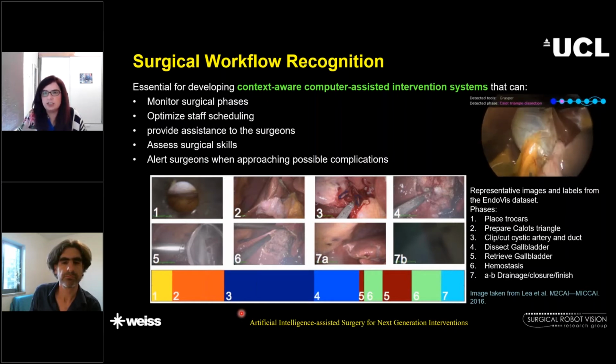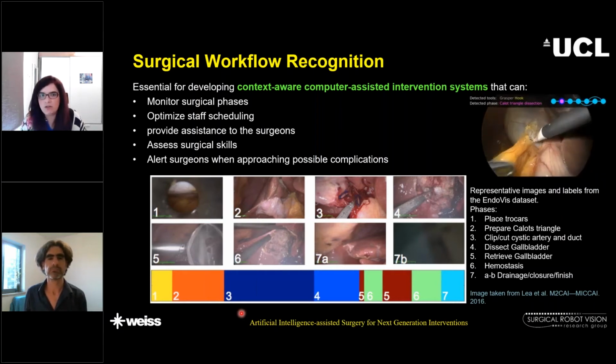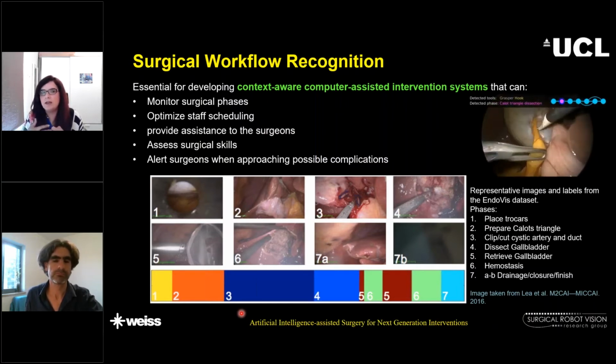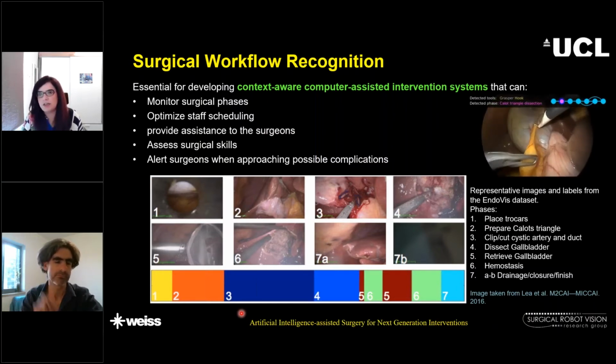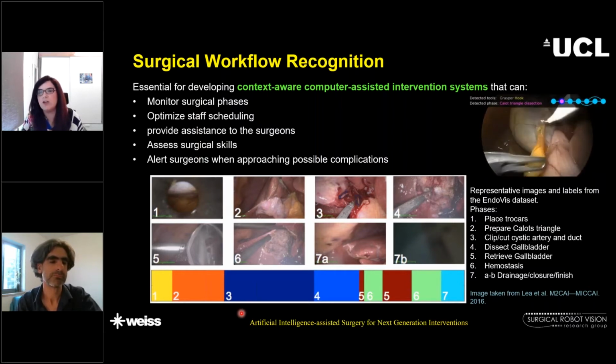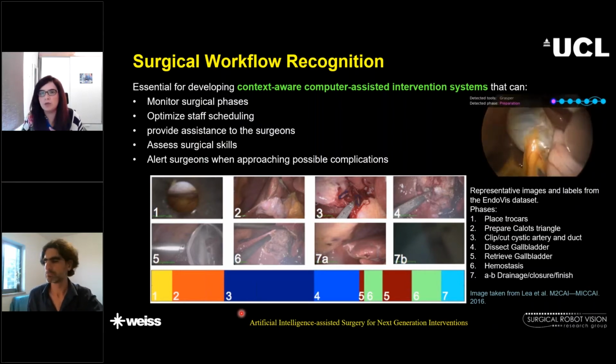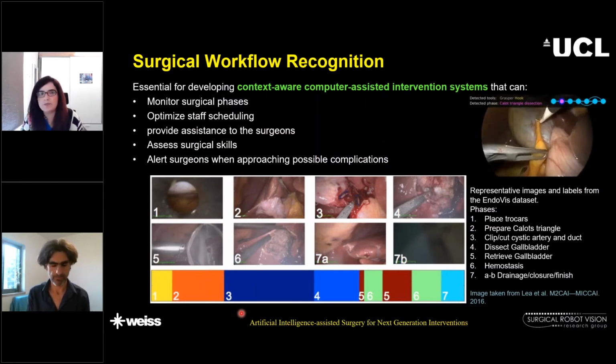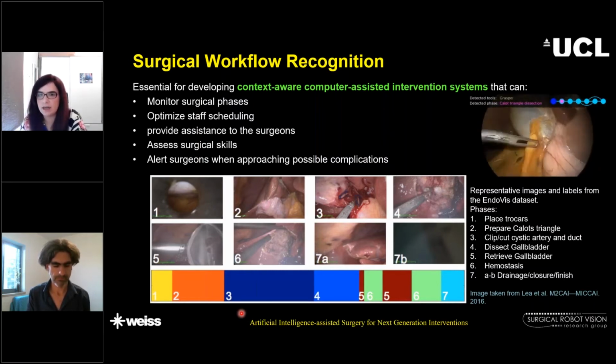This can also assist the surgeon in determining how much time is left towards finishing a particular phase, for example. It can also help in assessing the skill of a surgeon and for training surgeons, and how much more experience he needs to be a more qualified consultant. It can also alert us to any kind of complications that can occur.